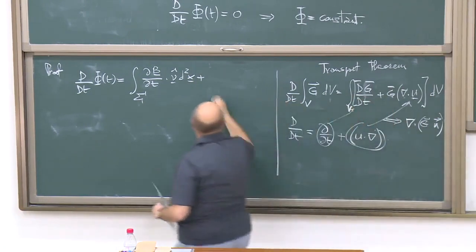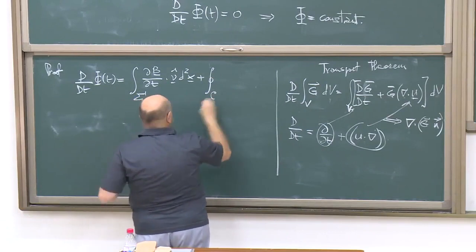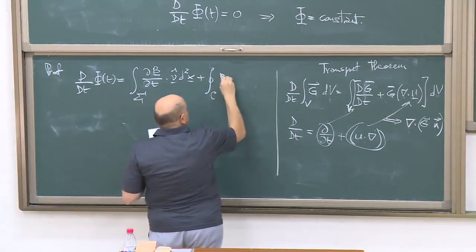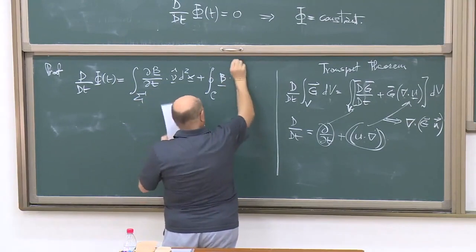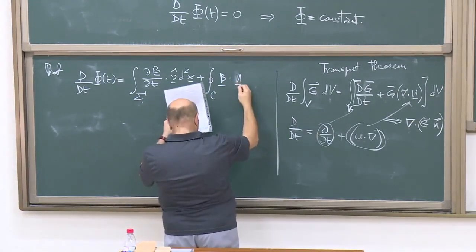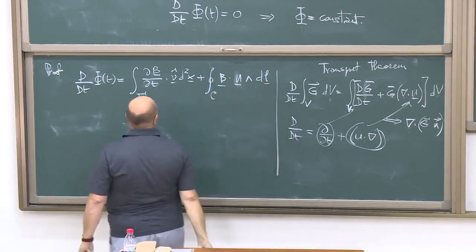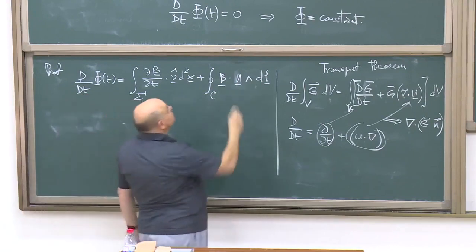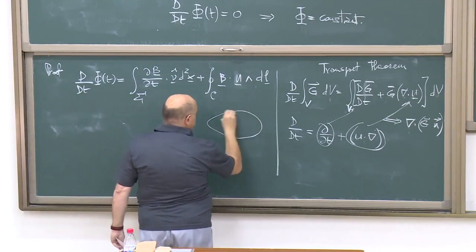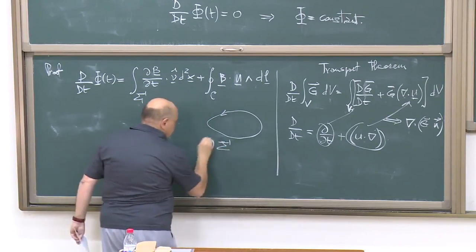So the same here. We have the integral on the boundary of sigma, which is C, of B times the velocity u, because it's a flux, u cross dl, where L is the contour of this surface.